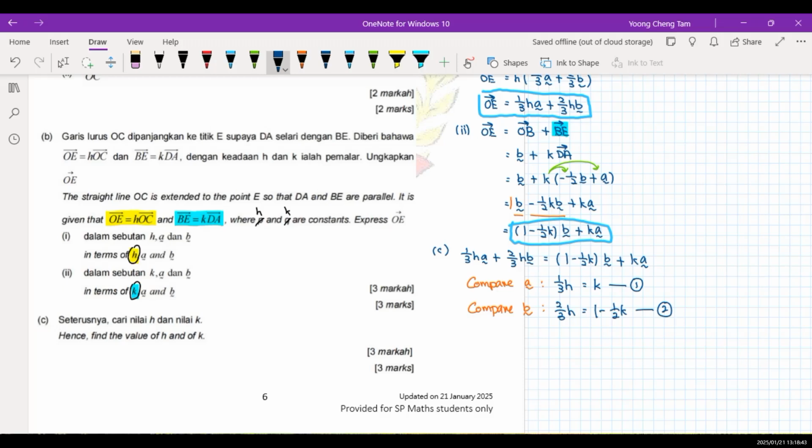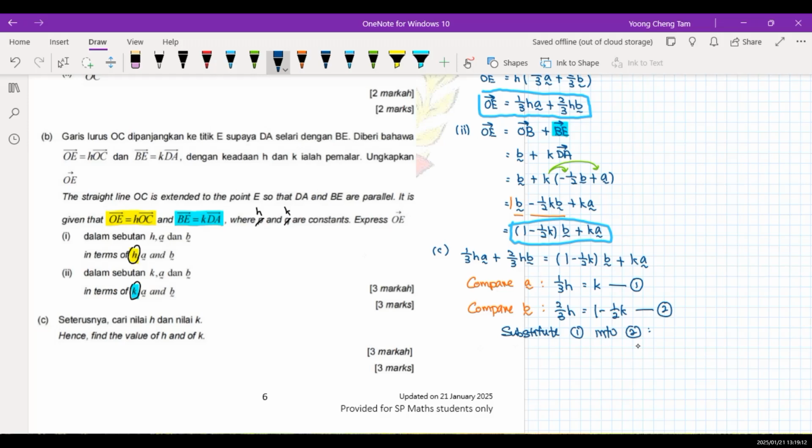You can use, let's say, the substitution method or the elimination method. For this example, I will show you how to use the substitution method. Substitute the first equation into the second equation. The meaning of substitution is you replace the unknown with the equation.